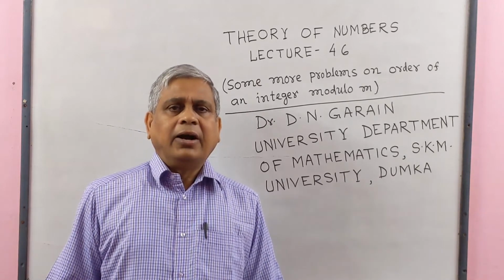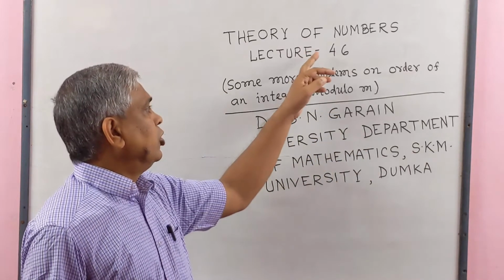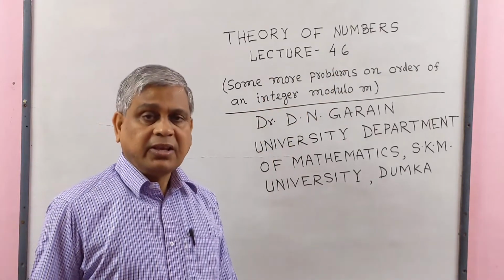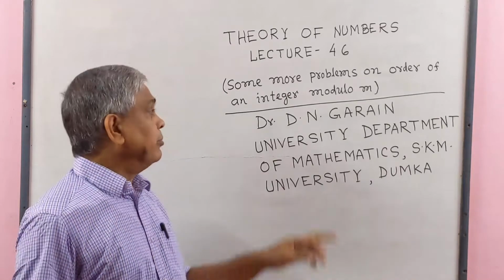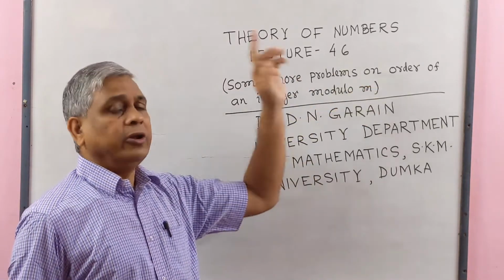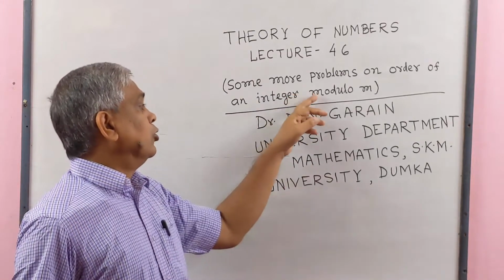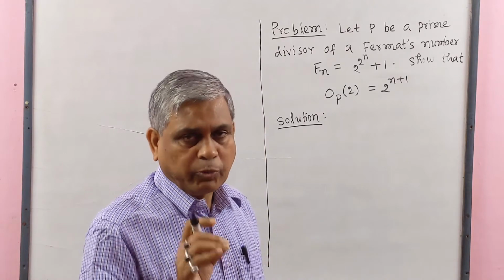Today, I will deliver lecture on theory of numbers, lecture number 46, in which I will solve some more problems on order of an integer modulo m. Now we solve a problem.